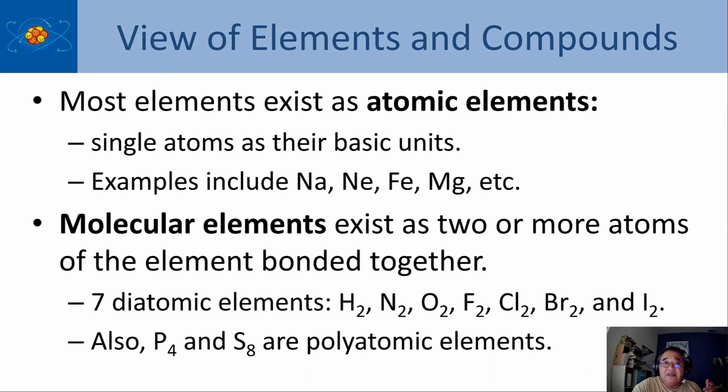In phosphorus, they make a tetrahedral arrangement, where the phosphorus atoms are connected in a tetrahedral geometry. There are 2 different forms of elemental phosphorus, we can talk about that some other time if you ask. But yeah, phosphorus is P4, and sulfur is S8, and these are your diatomics.